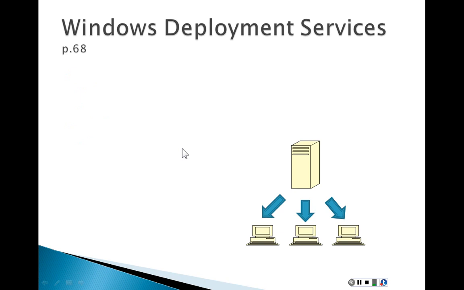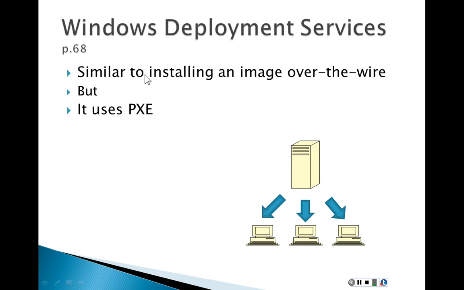Now let's discuss Windows Deployment Services. Windows Deployment Services is very similar to what we just did. It's very similar to installing an image over the wire, but it uses PXE, which stands for Pre-Boot Execution.